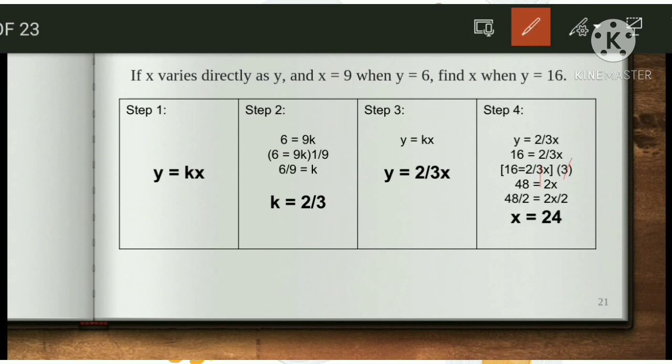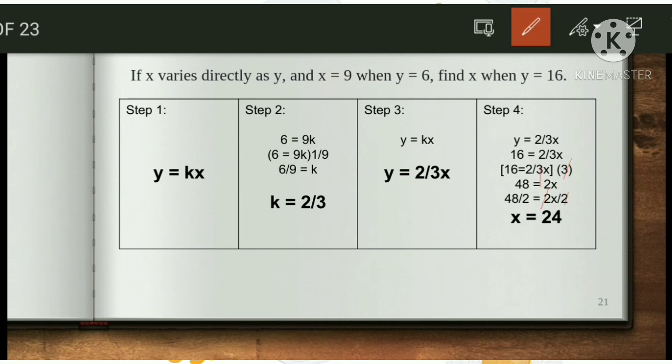And we can apply the division property of equality by dividing both sides of the equation by 2 so that we can retain x. So 48 divided by 2 is 24, and 2x divided by 2, we cancel the 2s, so the remaining term is x. We have now the value of x, which is 24.